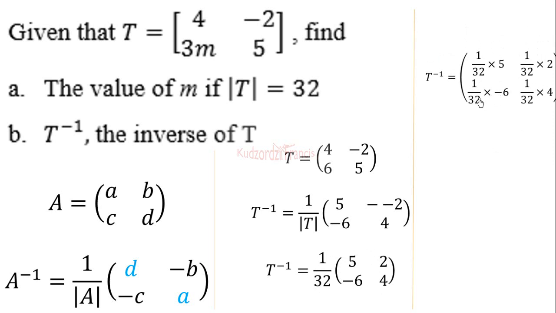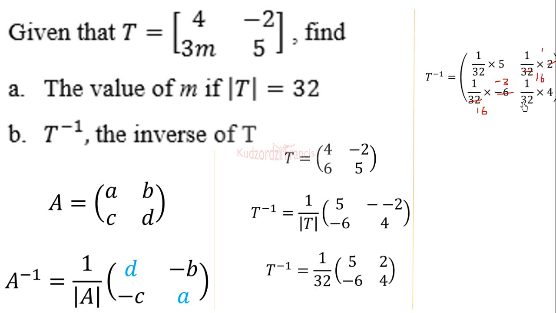Then we can cancel this out. 2 will go here, 2 will go here, negative 3 times, and 2 will go here 16 times. Now we have this one. 2 will go here 16 times, and 2 will go into itself once.